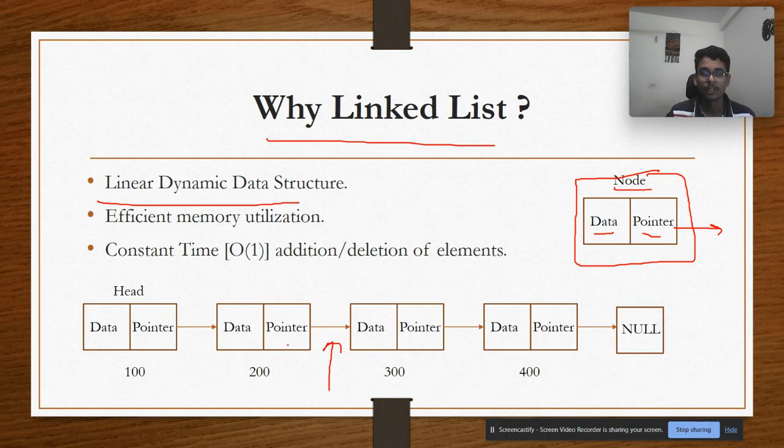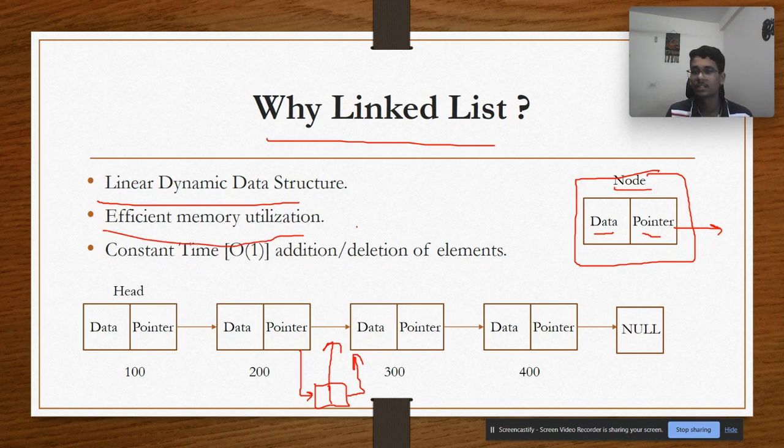So the pointer of the second node is simply redirected towards the new node, and the pointer of the new node has to be pointed towards the next node of the second node as shown, and thus the element is easily inserted in the middle, which cannot be done so easily in the case of arrays.